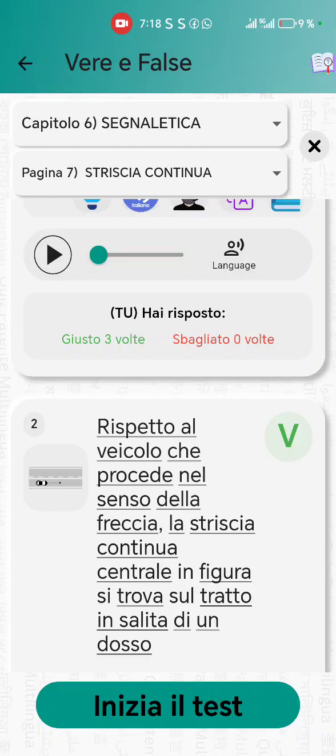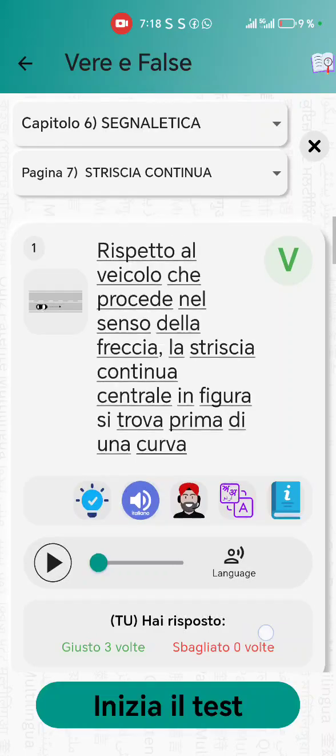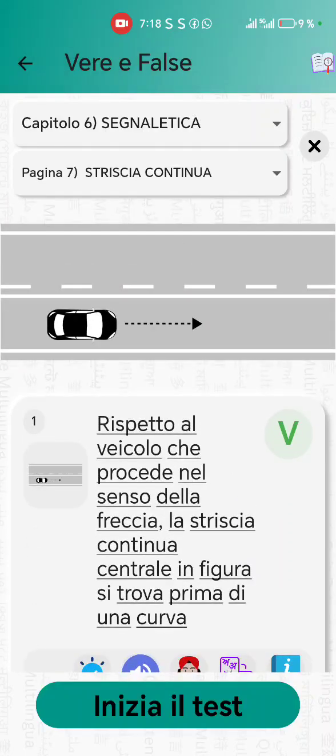So number 2 now, they talk about rispetto ai veicoli che procede nel senso della striscia. La striscia continua centrale in figura si trova sul tratto in salita di un dosso. What is it they talk about now? This same line, this linear continuum.